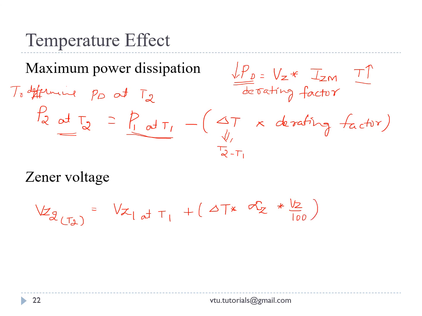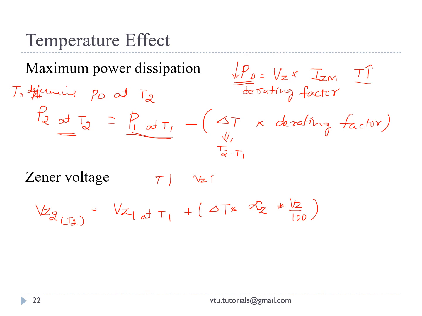So this is the equation to determine the Zener voltage at some temperature. Here we see that as the temperature is increased, there is an increase in Vz also.